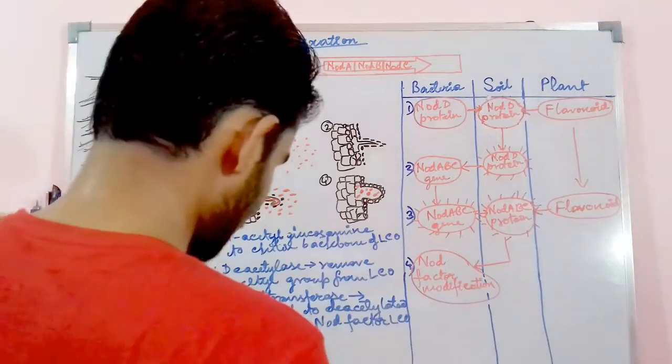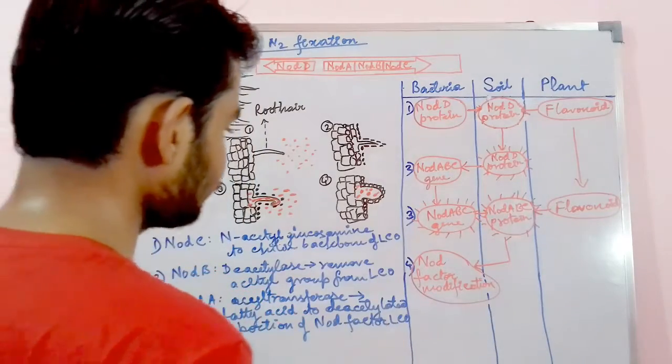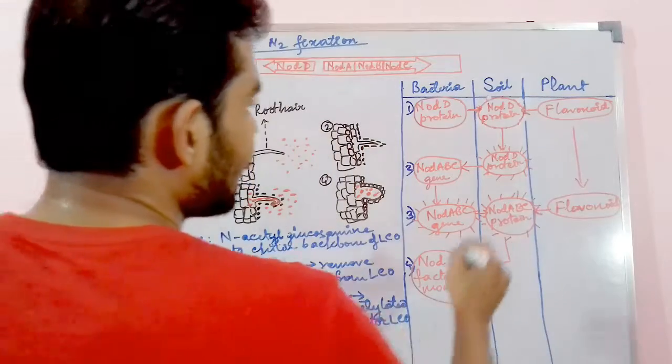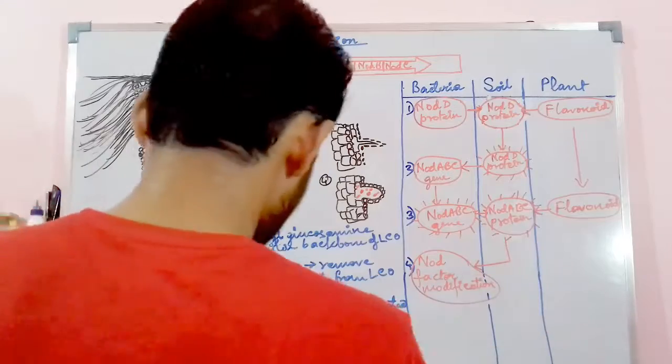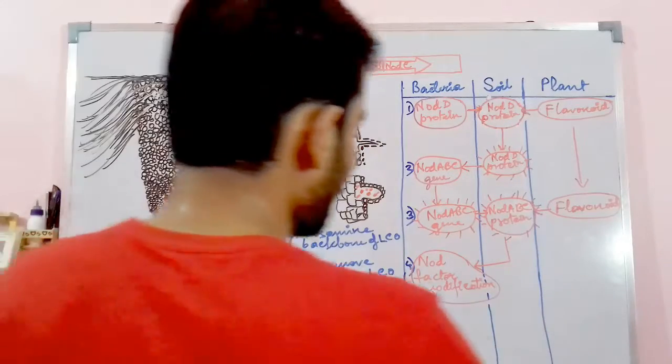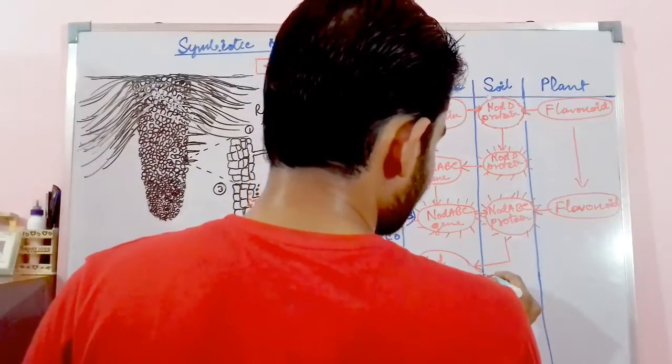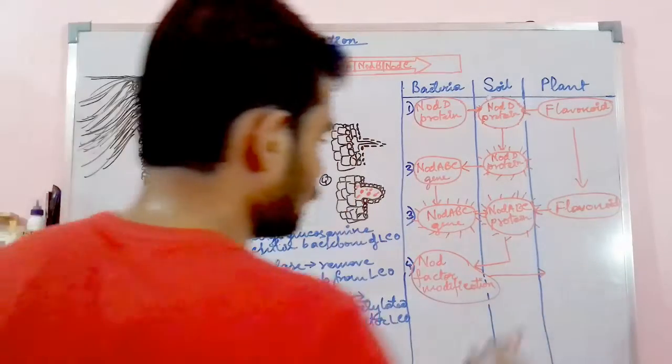So after the node factor modification, this node factor will again go to the plant body. In the fourth step, let me draw here only, this node factor will again go to the plant body and it will form the nodule.